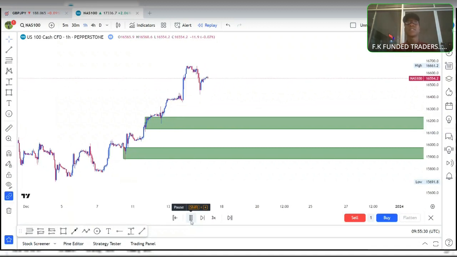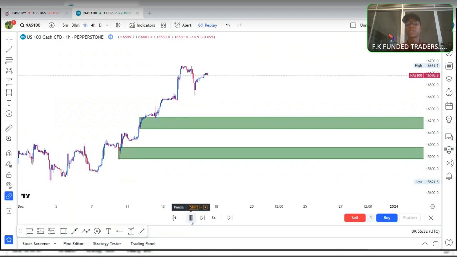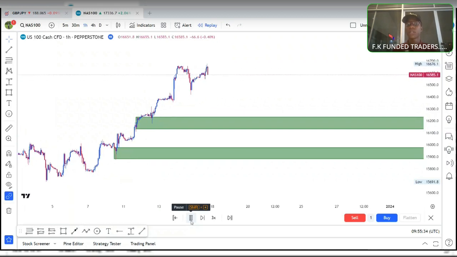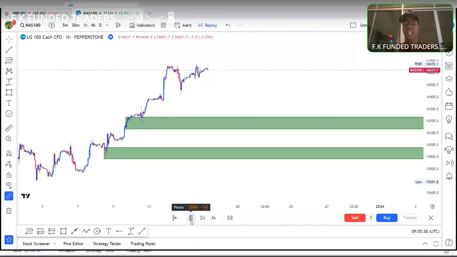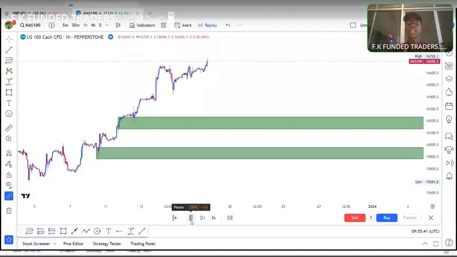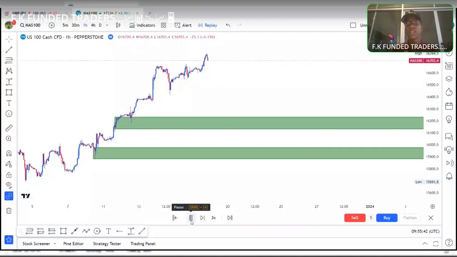The indices are one of the pairs that respect market structure. So if you want to make some good money in forex trading, you can focus on the indices, that is NAS 100, US30, and so on. They are good at respecting the market that way.